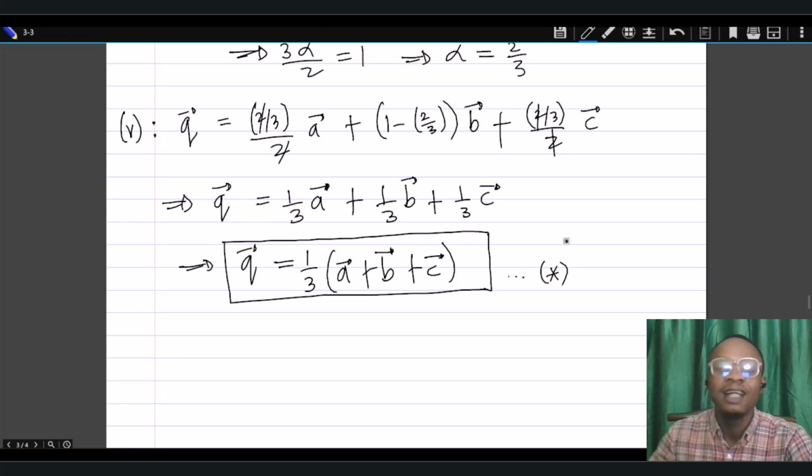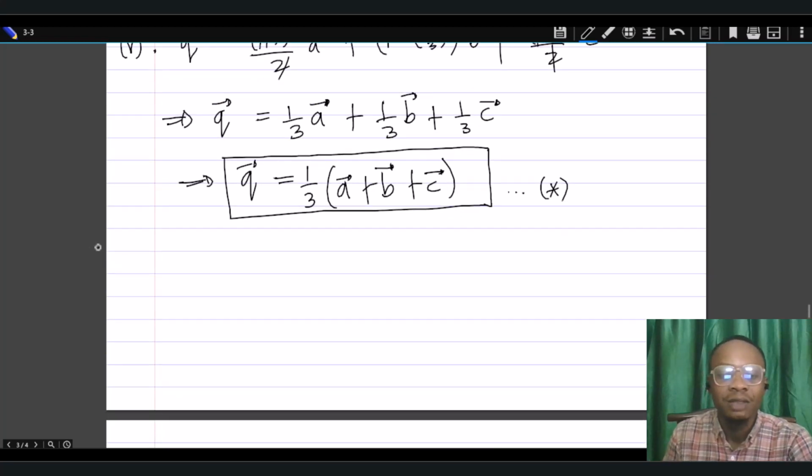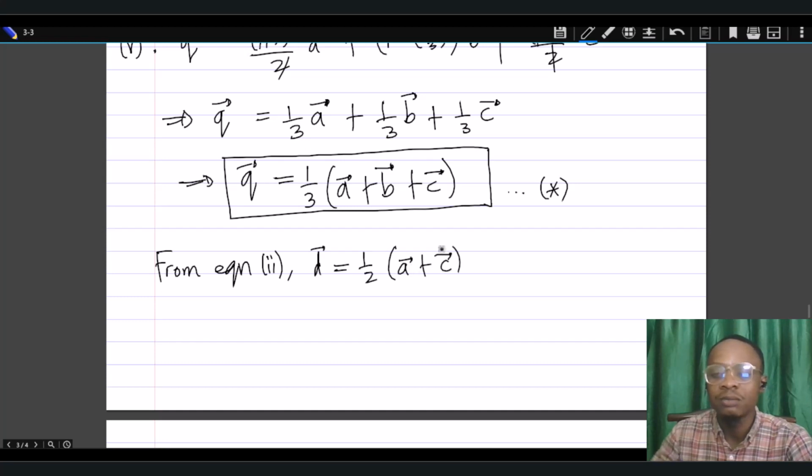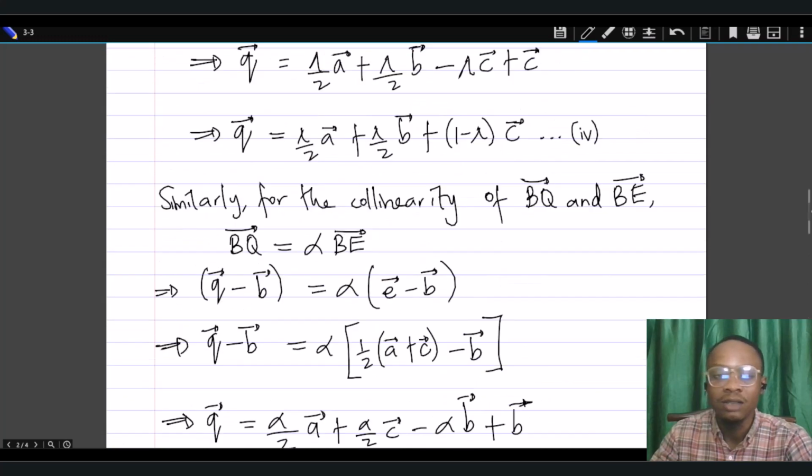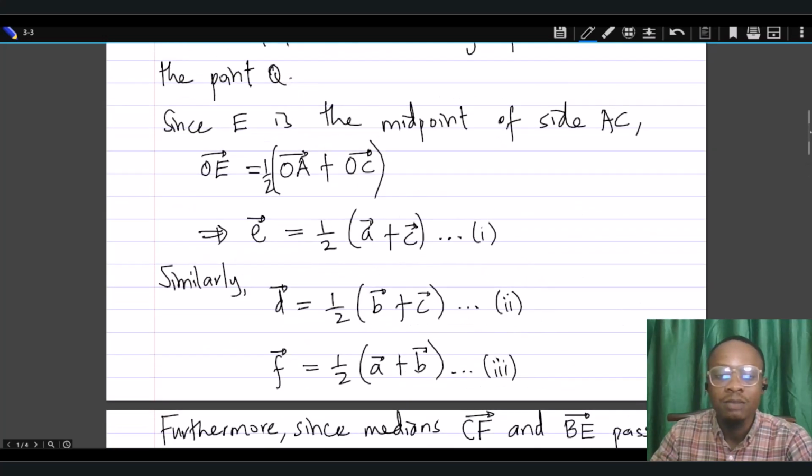Then again, to proceed, before we finalize, from equation 2, our coordinate of point D, or position vector of D, is 1 over 2 into A plus C. Is that A plus C or B plus C? Let us check again to be sure. It was B plus C, please.